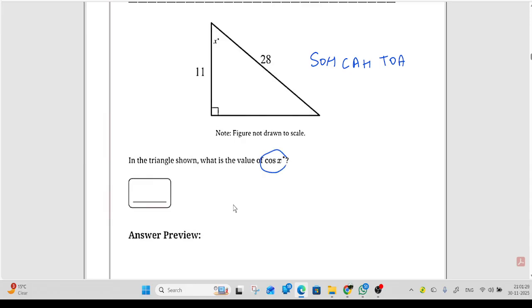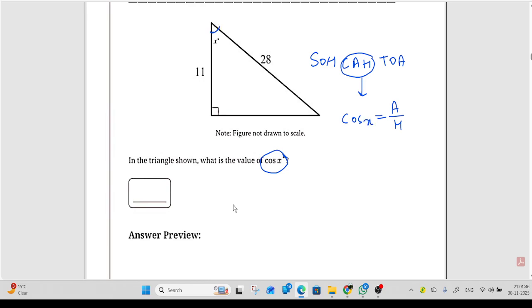Because we have to find cosine x, we have to use this rule. C is for cosine, which is adjacent over hypotenuse. So cosine x is equal to adjacent over hypotenuse.